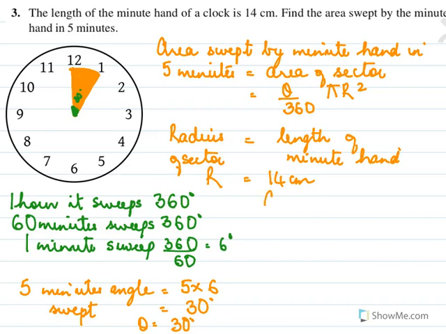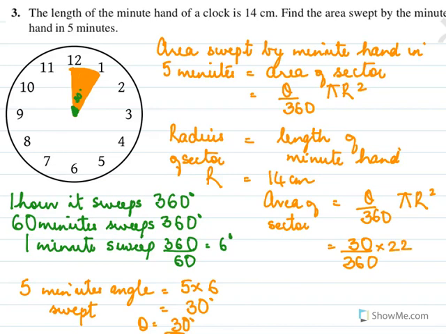So to find the area of the sector, it is theta over 360 pi r square. So theta we see is 30. We have calculated the 30 here. 30 over 360 into pi 22 by 7, and the r was the length of the hand, which was 14 square.